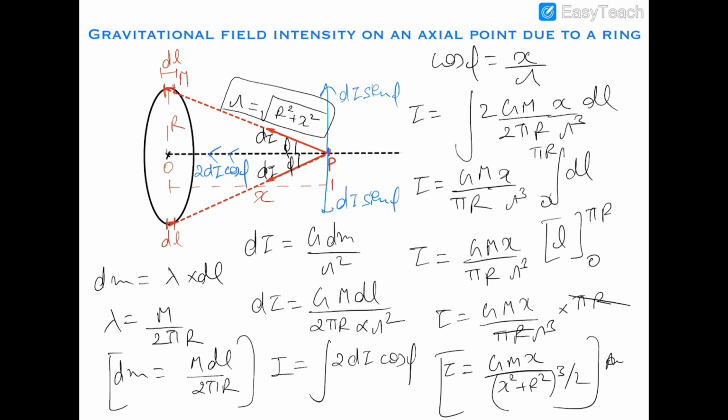So this is the gravitational field intensity due to a ring, and now we will discuss its graphical variation with r, in fact with x. So now let's move on to that.